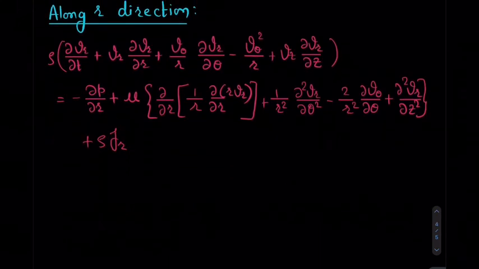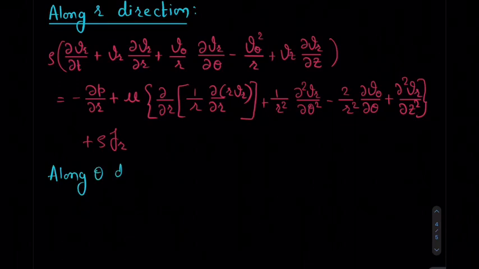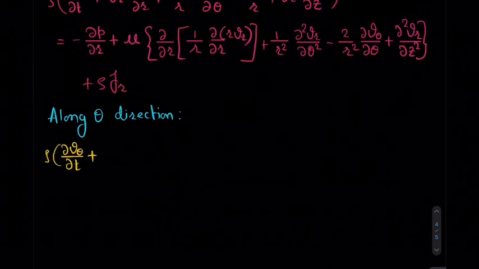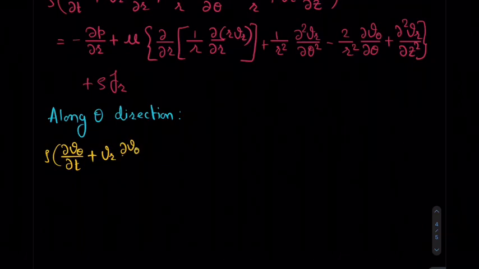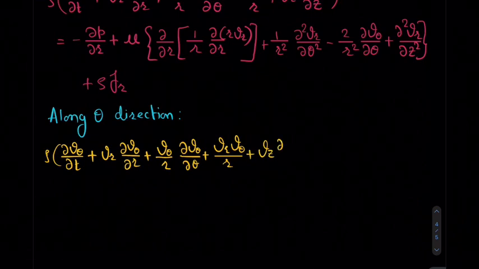Similarly, one can have all the components along theta direction. Again, the left hand side of this equation I am copying as it is: rho into dv theta/dt plus Vr into dv theta/dr plus V theta over r into dv theta/d theta plus Vr V theta over r plus Vz into dv theta/dz.